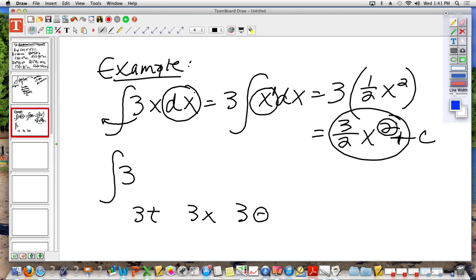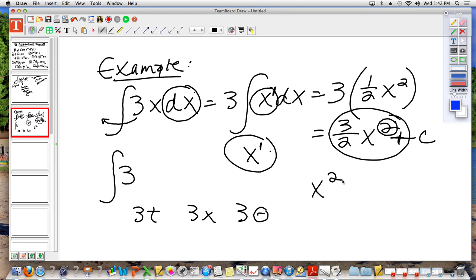You're working backwards. We used to subtract 1, now we're going to add 1. We also used to multiply these 2 numbers. What are we going to do now? Divide. So we are going to add 1 to the power and we are going to divide. So I'm going to go back to this x again. This is what we are starting with. We have to figure out what was the original function. So we add 1 onto the power of 1, which is a 2.